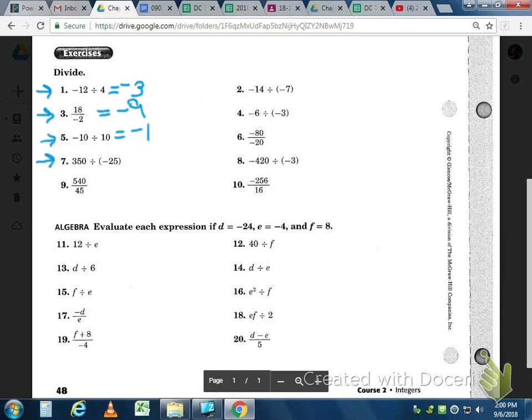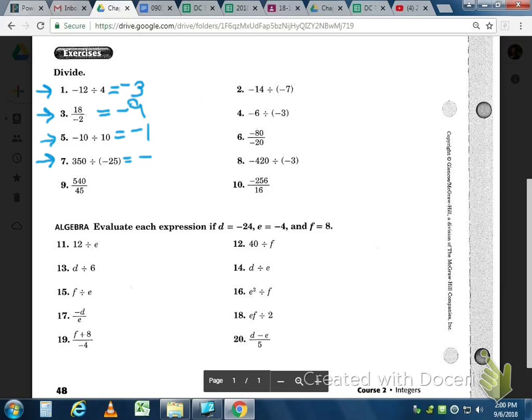Okay, what about 350 divided by negative 25? Have you gotten a ticket? Yeah. Andrew? It would be negative 10.